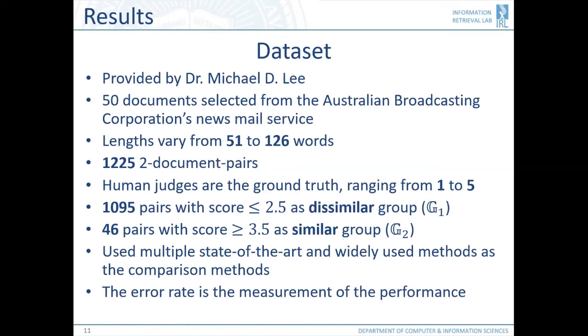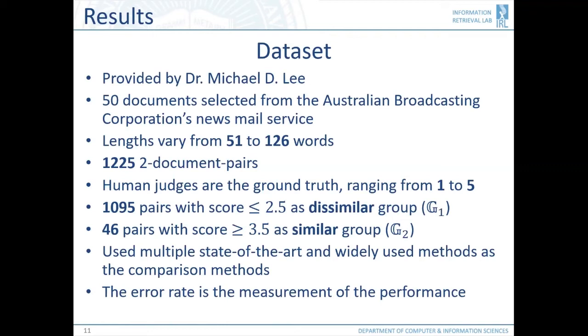In this 1,225-pair dataset, we have 1,095 pairs with a score less than or equal to 2.5. We mark them as the dissimilar group, or G1, and 36 pairs in this corpus with a score greater than or equal to 3.5. We mark them as the similar group, or group 2.